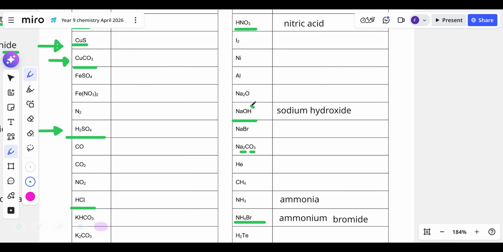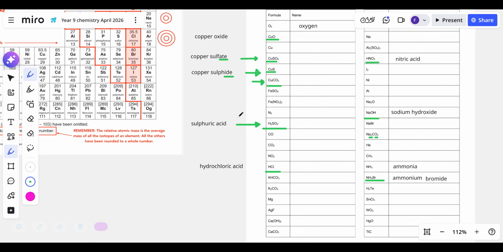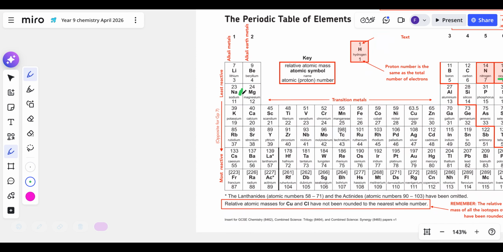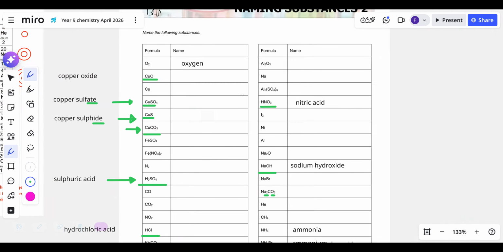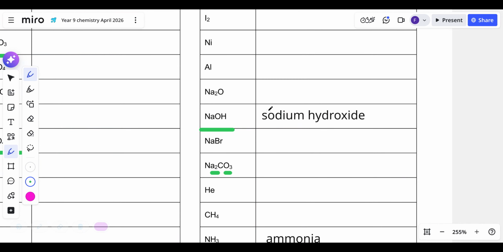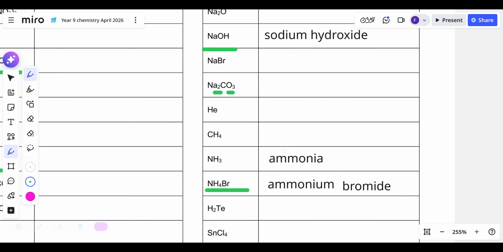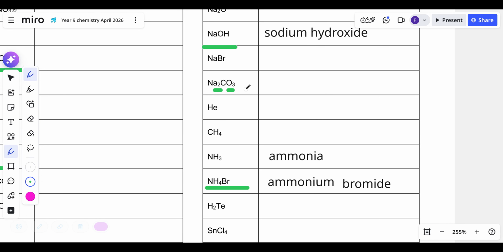Now, if there's an OH, this is a hydroxide. So this is sodium because Na is sodium, and if you're not sure, you always refer back to the periodic table. You don't change the name of the metal ever. So this is sodium, there's OH on the end, this is sodium hydroxide. Now, again, ignore the numbers, sodium carbon, not carbide, because you've got oxygen, carbonate.